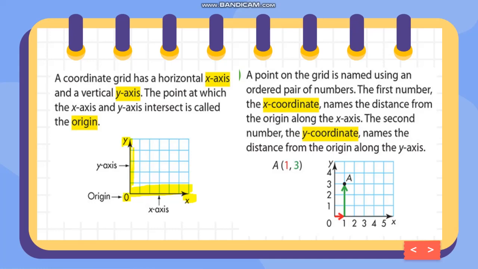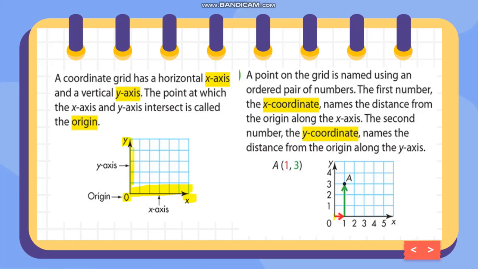A point on the grid is named using an ordered pair of numbers. The first number is always the x-coordinate, which names the distance from the origin along the x-axis. The second number, the y-coordinate, names the distance from the origin along the y-axis. What does it mean?